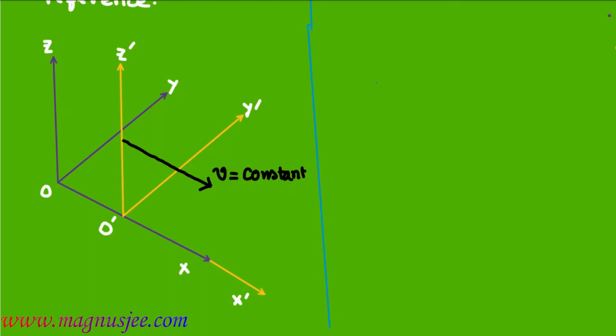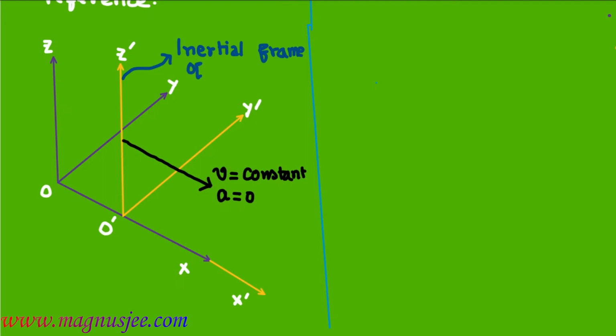The new set of axes which is assumed later will be moving with constant velocity and without any acceleration, or zero acceleration. We can assume that this new set of axes having z prime, y prime, and x prime axes is moving with constant velocity and zero acceleration.